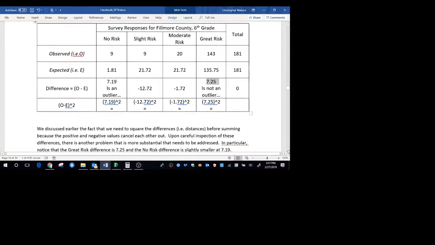So to fix that, and this is our standard test statistic for a chi-square test: up to this point, we have been looking at the observed minus the expected, and then squaring that to get rid of the negative or canceling out effect. But we're going to add one more component, and that is to divide by the expected. That puts that squared distance in perspective. It's relative to where I'm starting from.